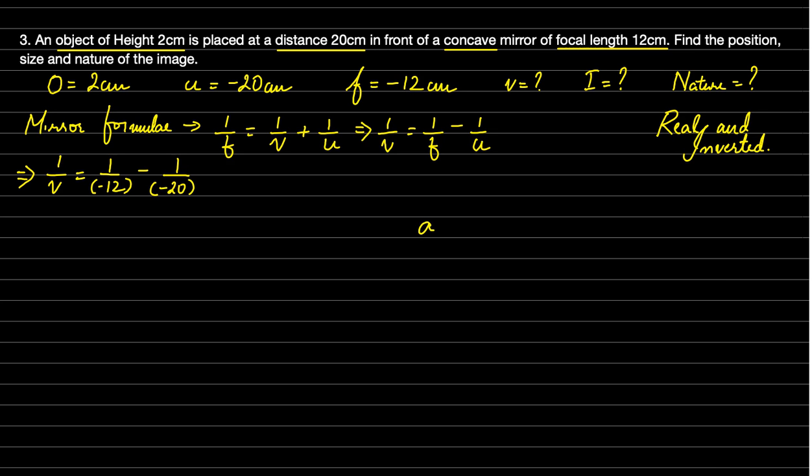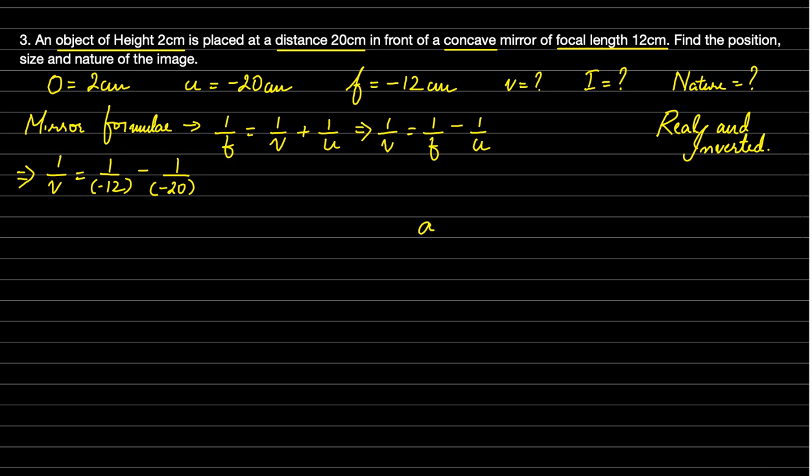Now I would be substituting the values. Minus V happens to be minus of minus 30 because V is minus 30. So minus of minus 30 divided by U, which is minus 20, into O, which is given as plus 2 centimeters. Minus minus cancels, 0 and 0 cancel, 2 and this 2 cancel.